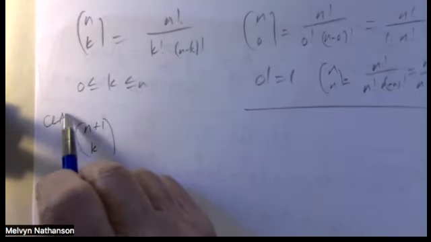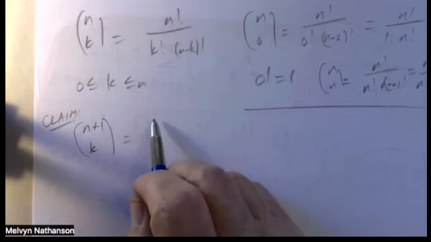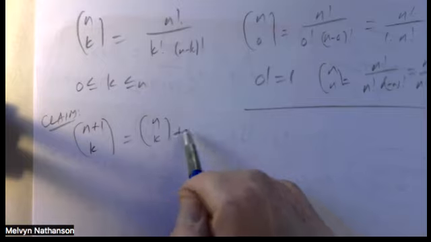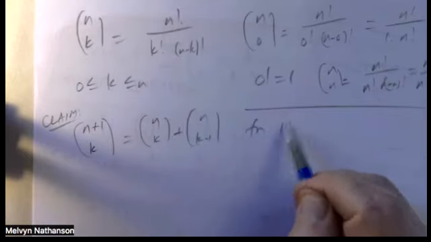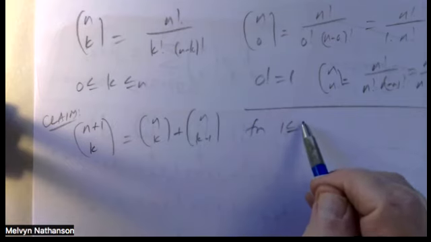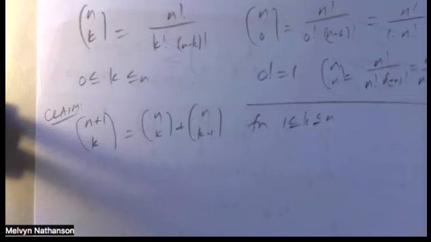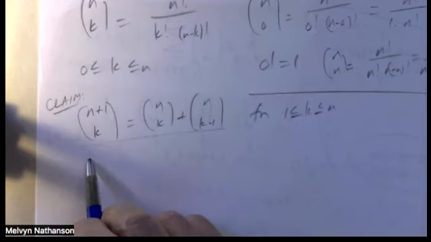I claim that this is the same as n choose k plus n choose k minus 1 for all k between 1 and n. So you might need an identity like this for the binomial theorem, but let's just check this identity.